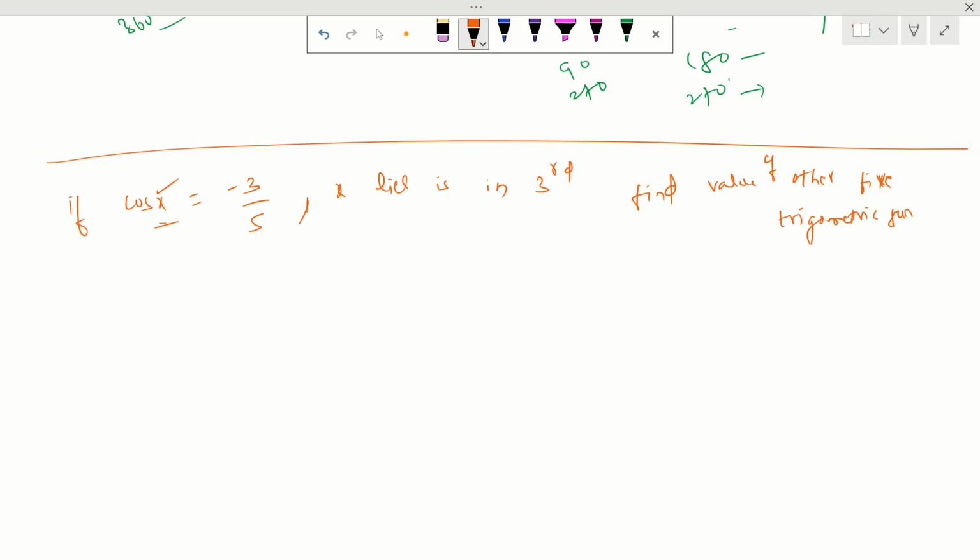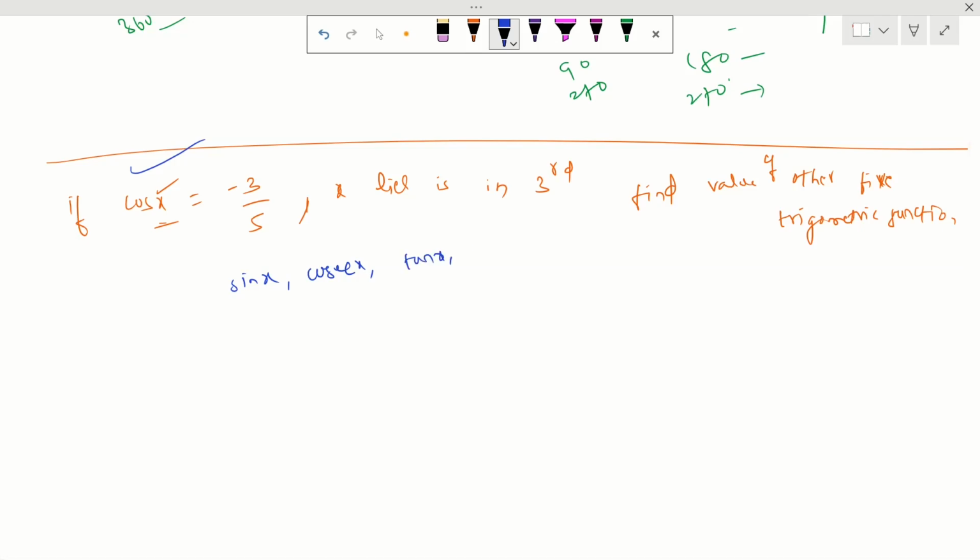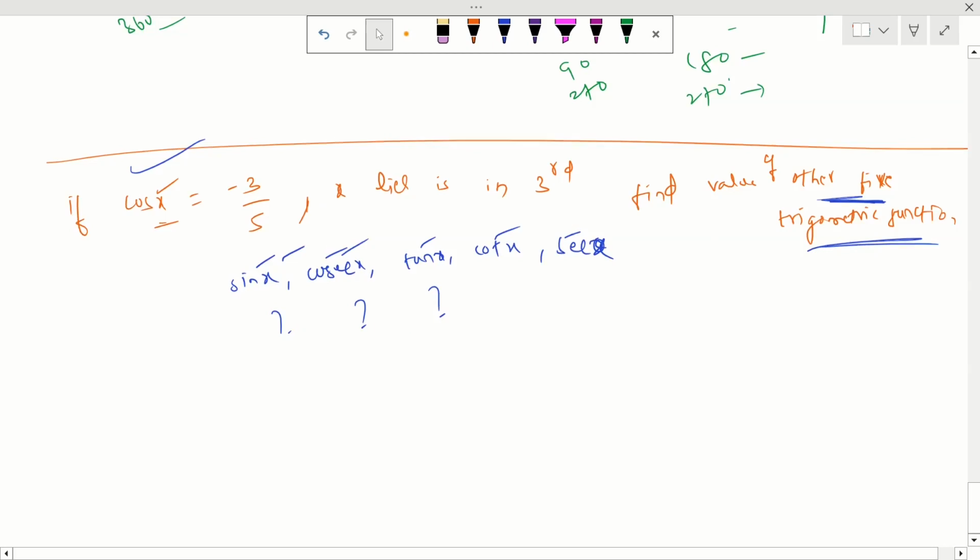You know the trigonometric functions: sine, cosecant, and so on. Only cos x is given, so we need to find sine x, cosecant x, tan x, cot x, and secant x. These five values we need to find.